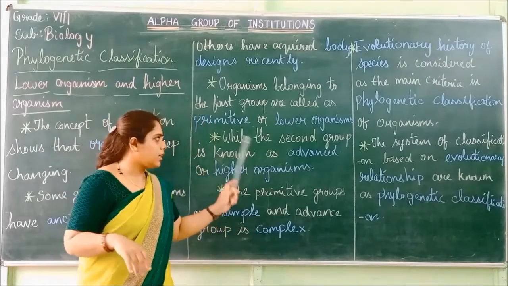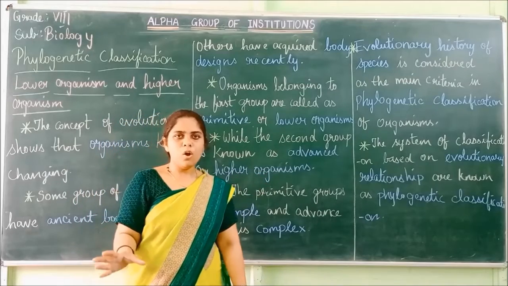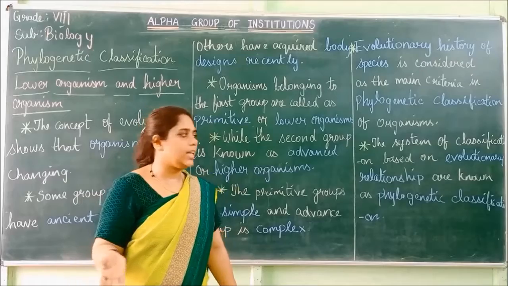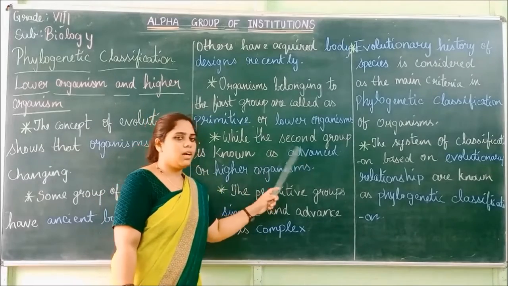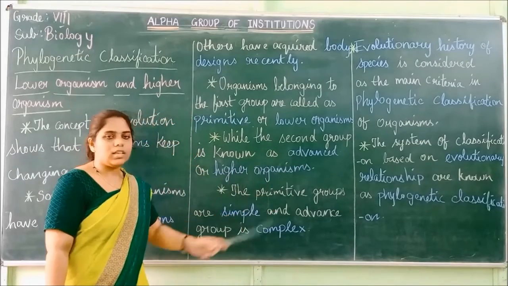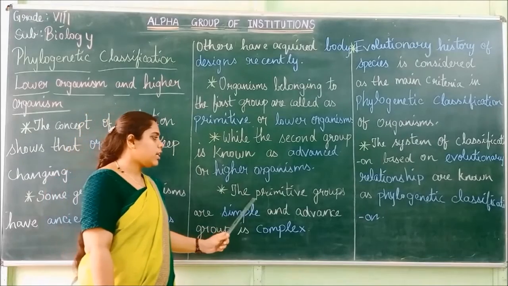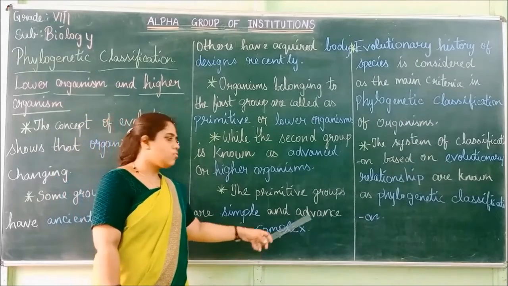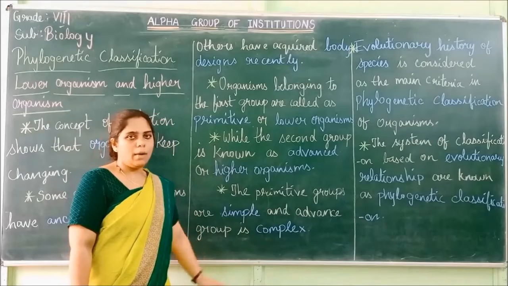The second group is the organism which has evolved recently, that is called advanced or higher organism. The body design of the primitive groups will be very simple, and the advanced group will have complex body design.